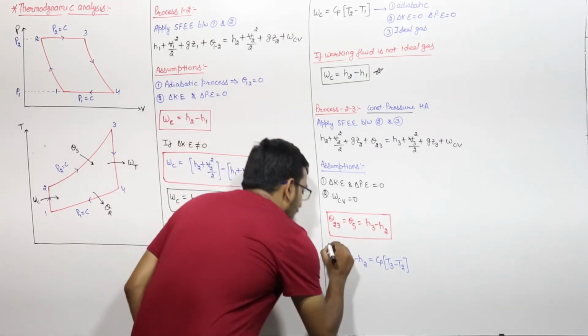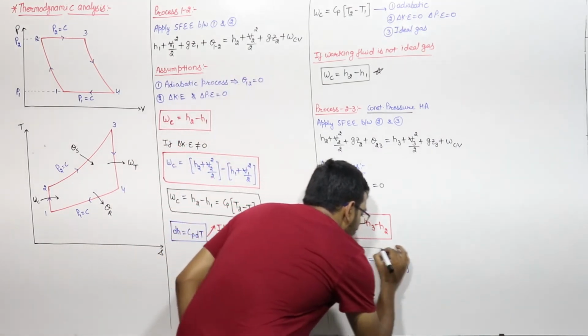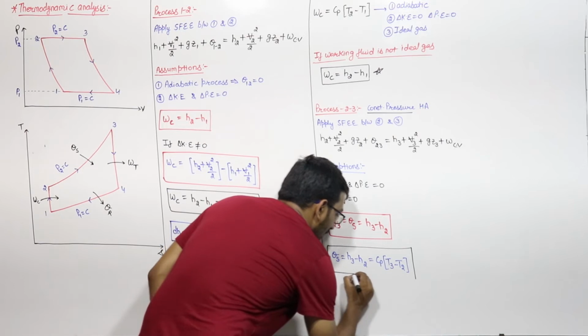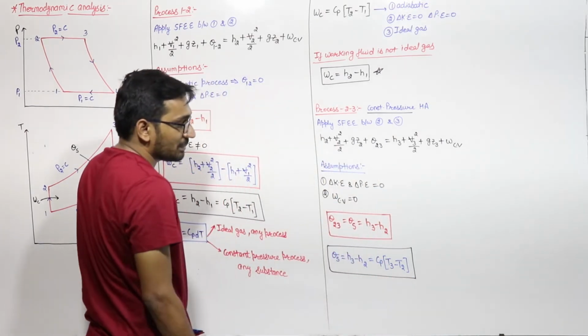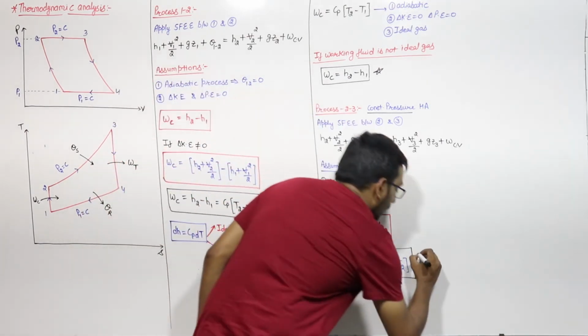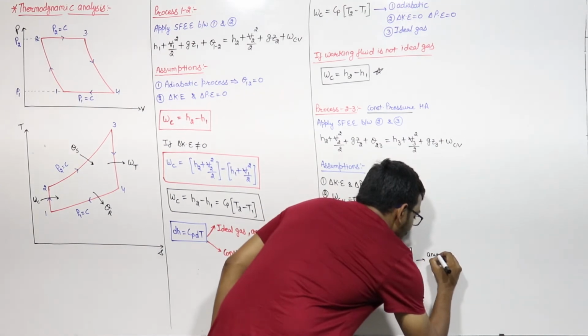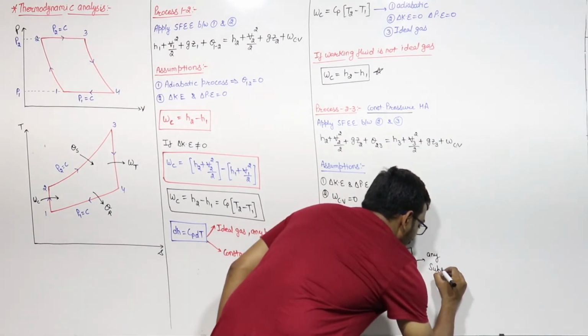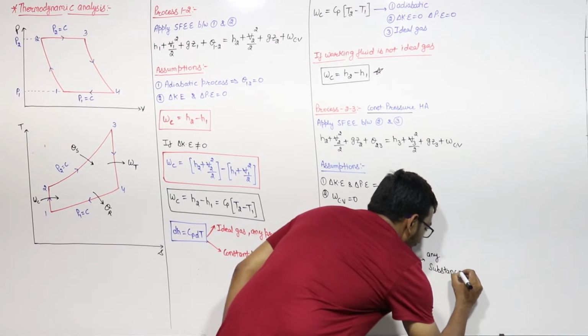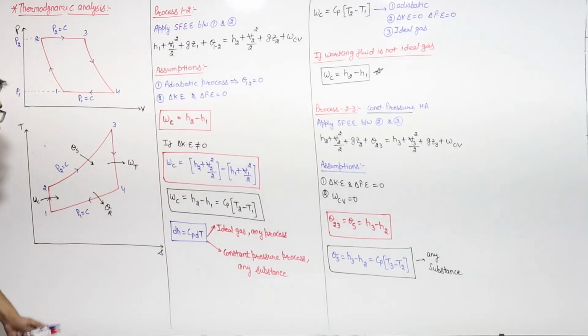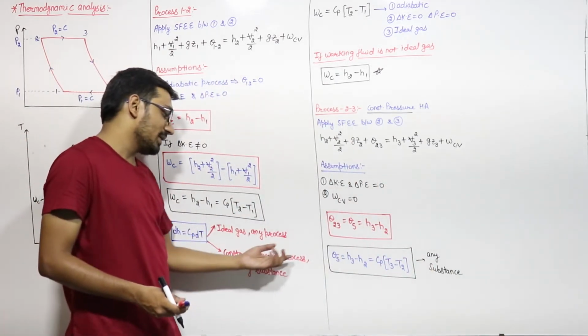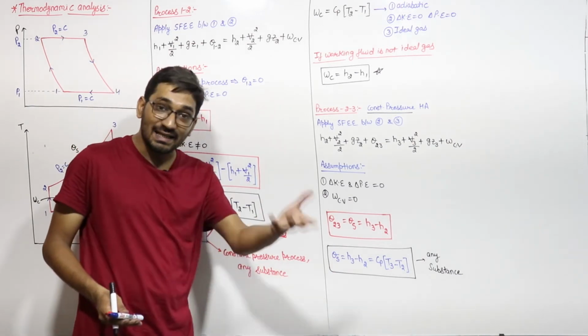This is the important concept, right? This equation, heat supply in terms of temperature difference, can be written for any substance. It need not be an ideal gas, because it is a constant pressure process, and we know that for the constant pressure process we can write this for any substance.